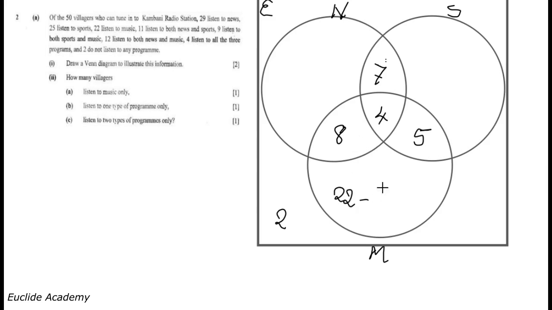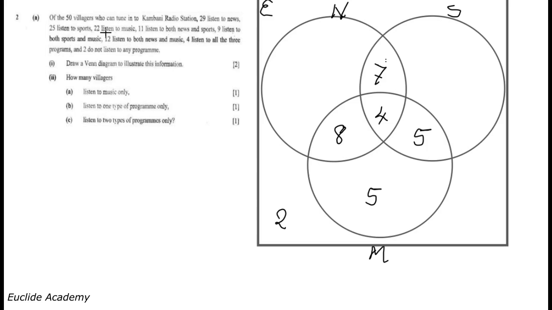So you subtract 22 minus the total here, which is 8 plus 4, 12, plus 5, that's 17. 22 minus 17, the answer should be 5. So here you put 5.